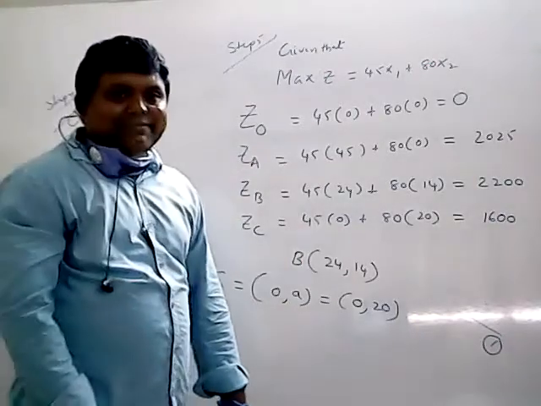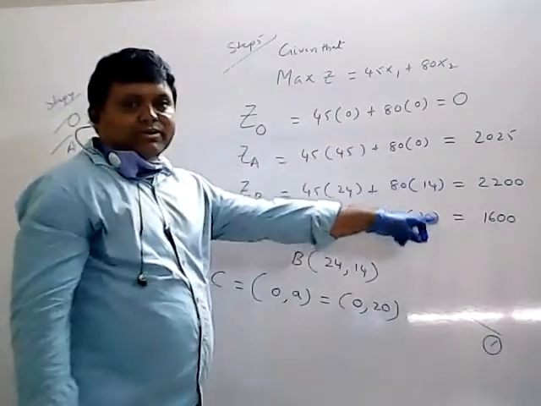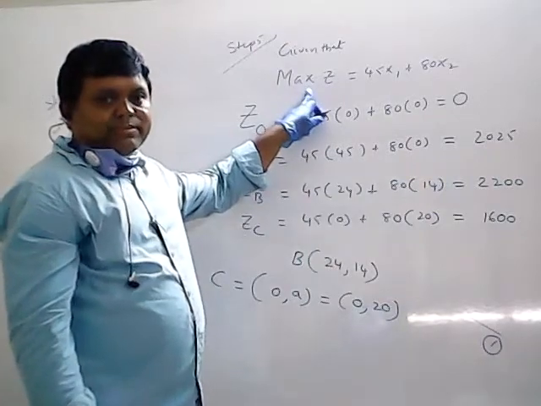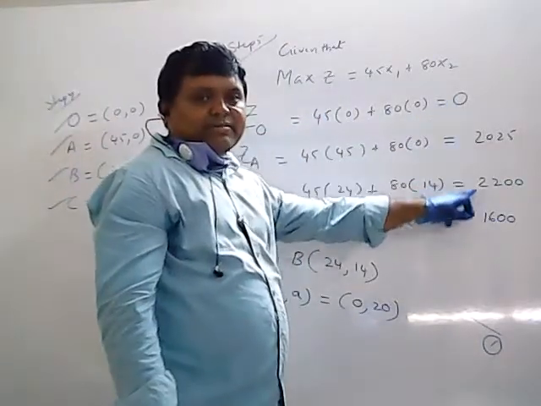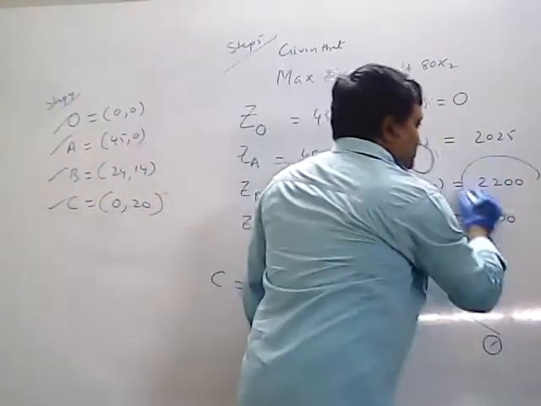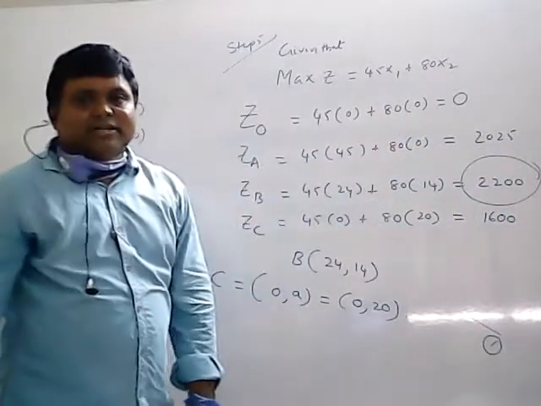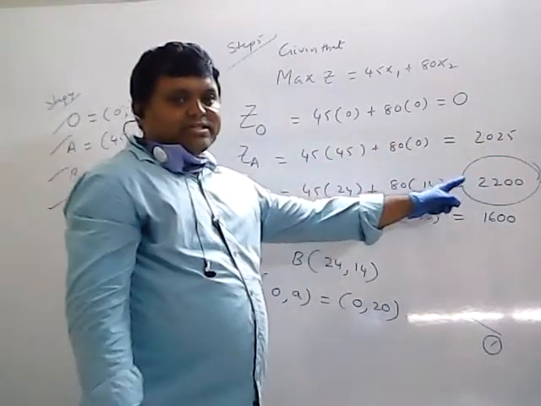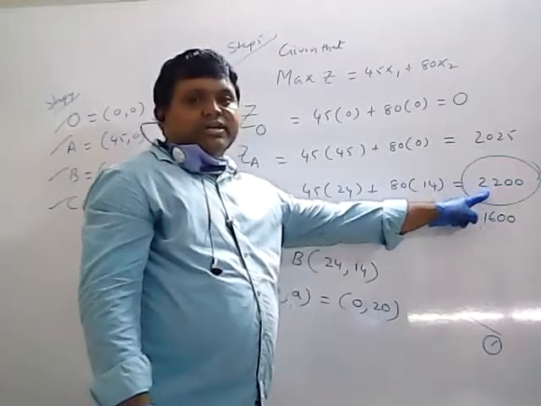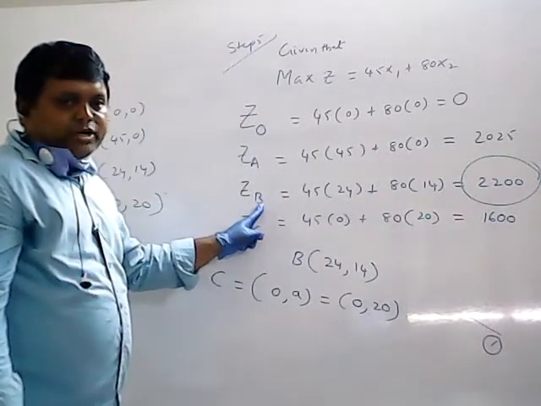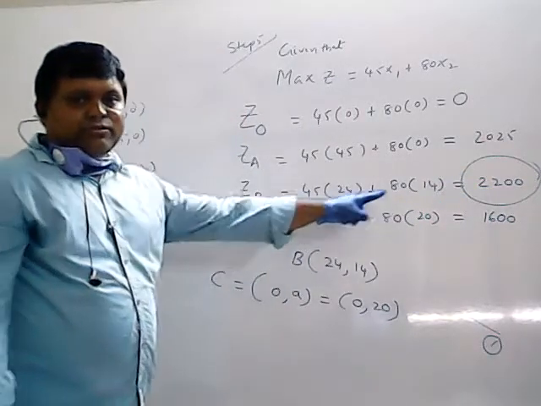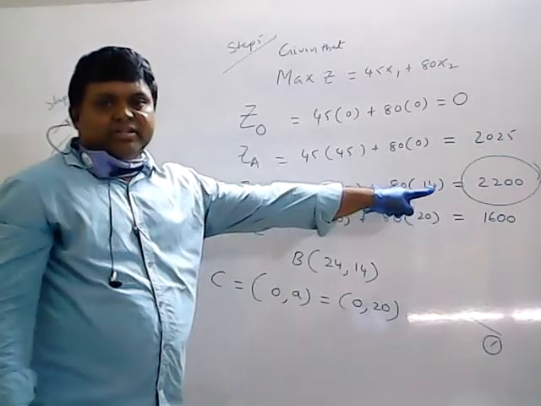Now identify the maximum value of the objective function. What is the maximum value you have? 2200. And what is the answer for this problem? The maximum value is 2200, at which point? B. What is the B point? 24, 14.